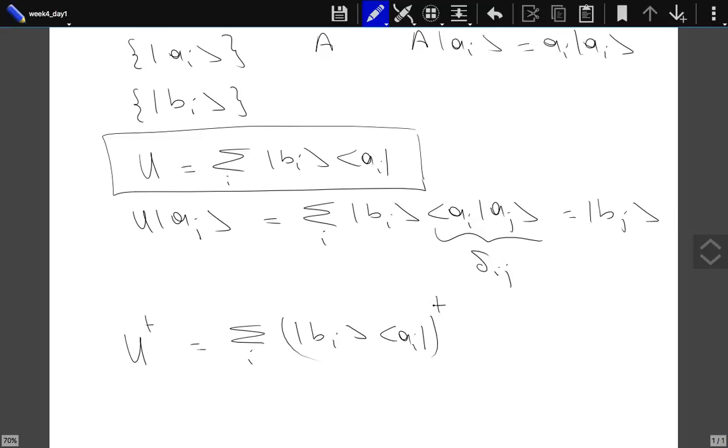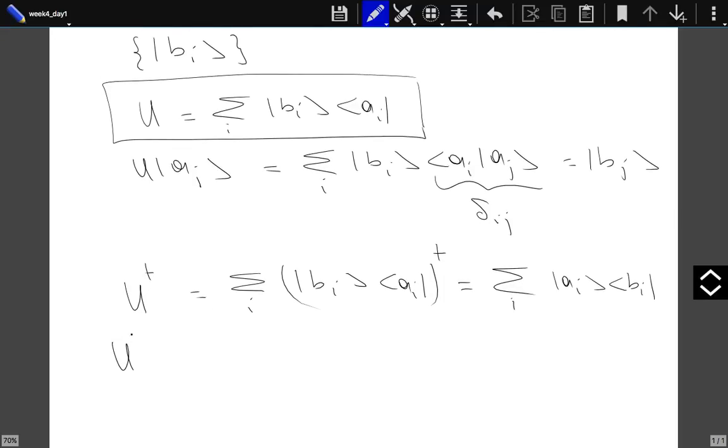We had already discussed the properties of this dagger operation, so it basically changes the order of the operators and the bras and kets, and also converts a ket into a bra and a bra into a ket. So if you just change their place, this is the sum over i of |Ai><Bi|. So this U dagger basically maps the Bi basis to the Ai basis.